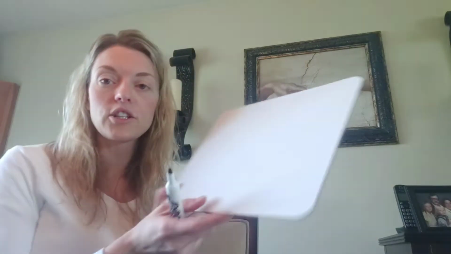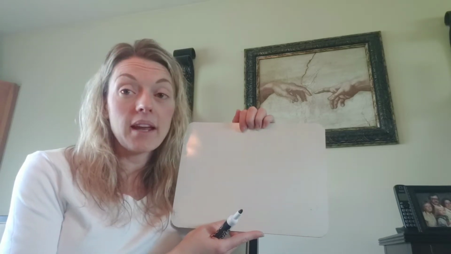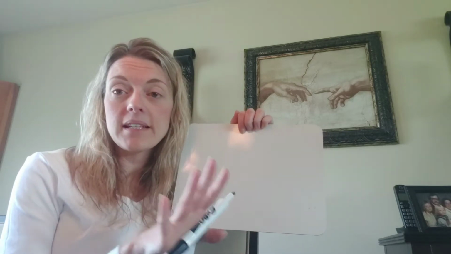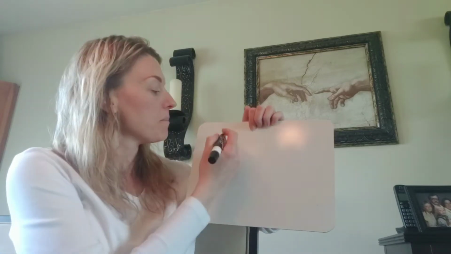There are a couple different methods for comparing fractions. The first one that you were presented with was comparing fractions with the same denominator. Easy peasy, lemon squeezy. I love when our denominators are the same.